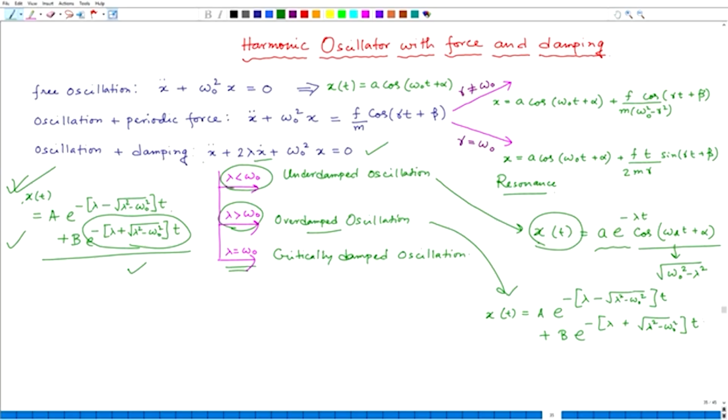Okay. And finally, I had this critically damped situation where lambda and omega 0 are equal, and for that we said that the correct solution should be x(t) equal to some a plus b t, okay, times e to the power minus lambda t.